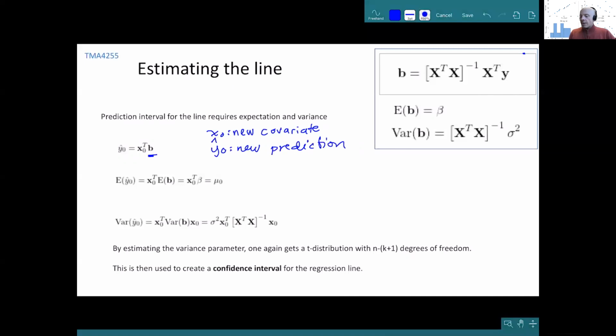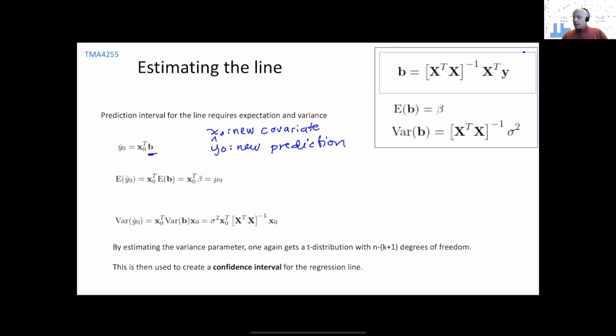We can compute the variance because we know the variance for B, and this is what we get. This is often used to create a confidence interval for the line. So that means we can draw a line and then have some confidence bounds around the line.